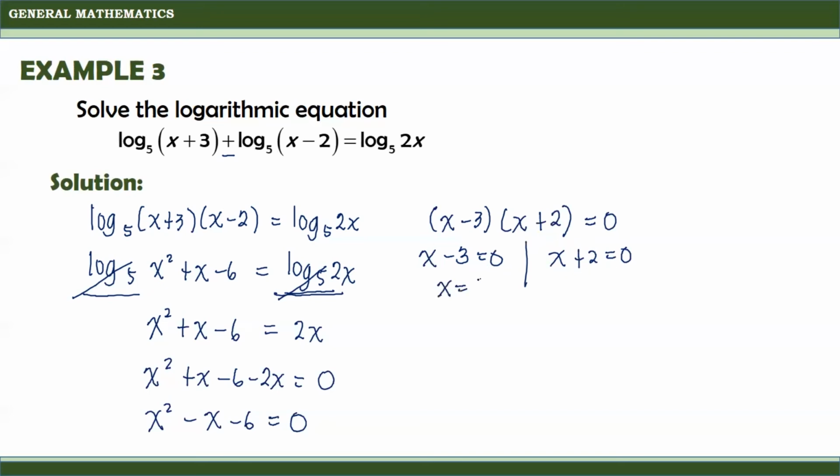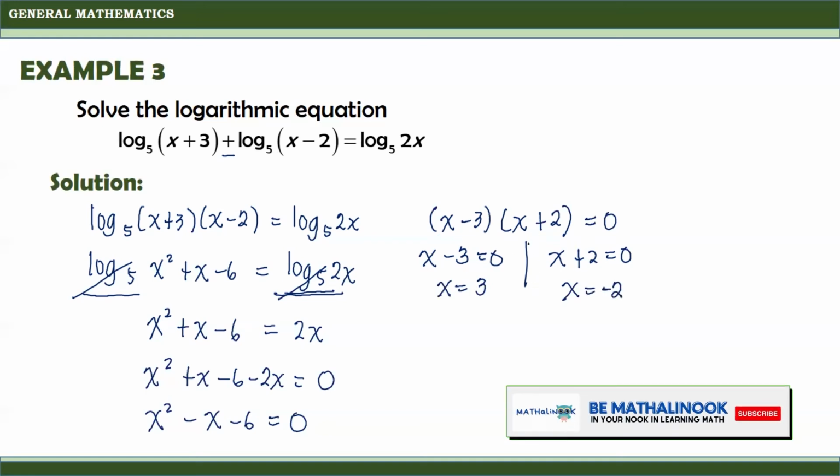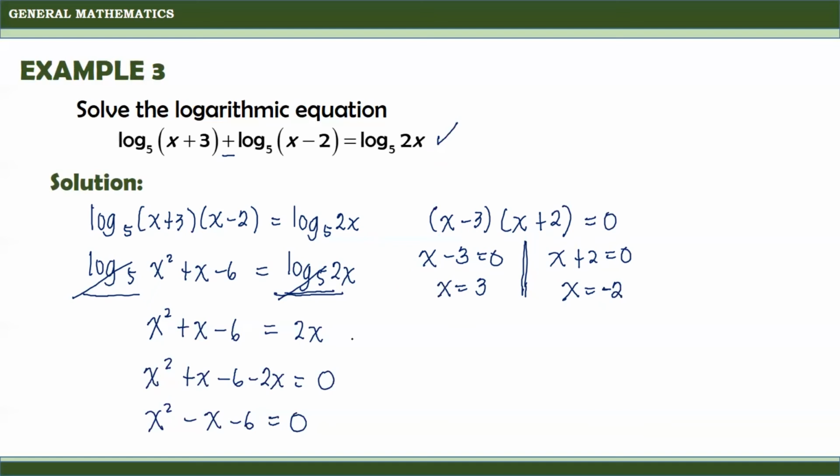Hence, x here is equal to 3 and x here is equal to negative 2. Since we have two values of x, we need to substitute these two values in our given equation and determine which among them will satisfy the given equation.